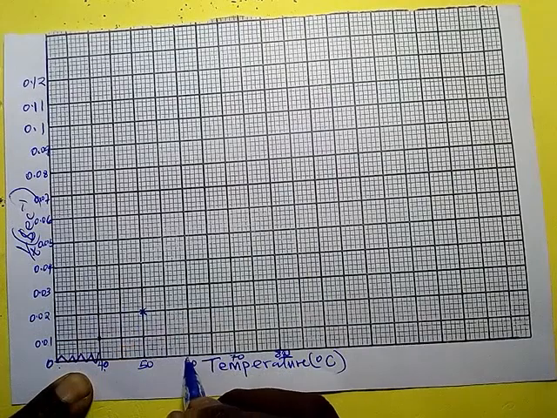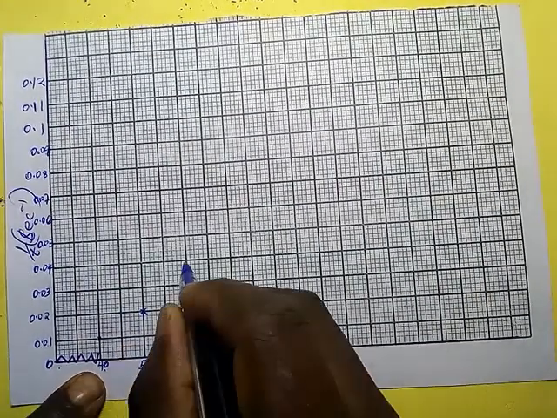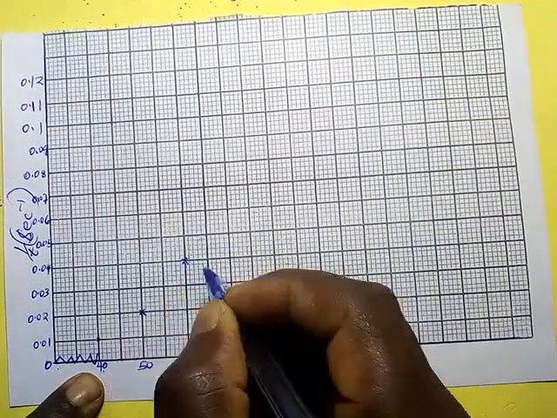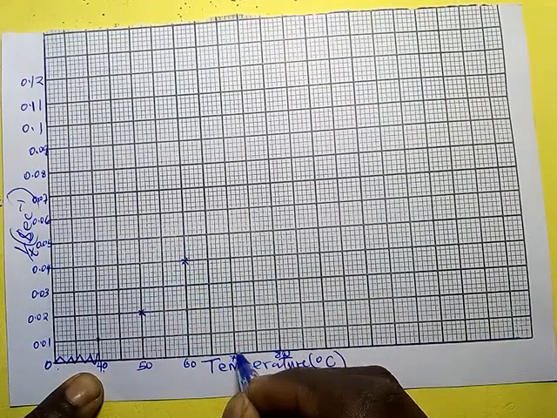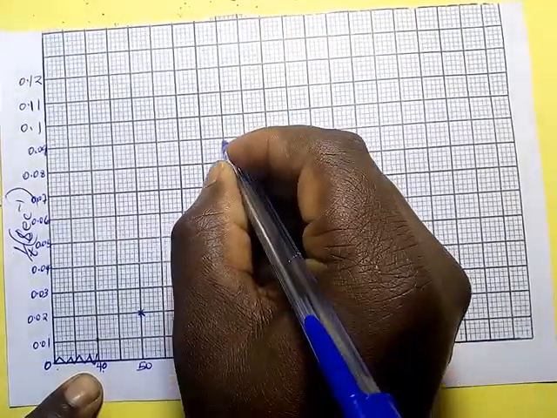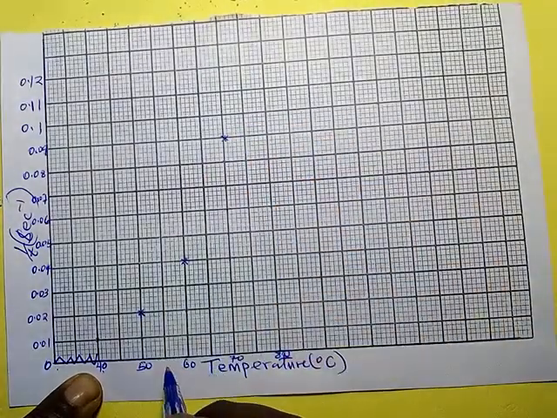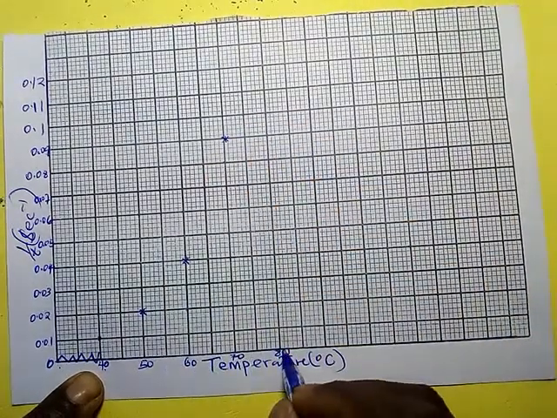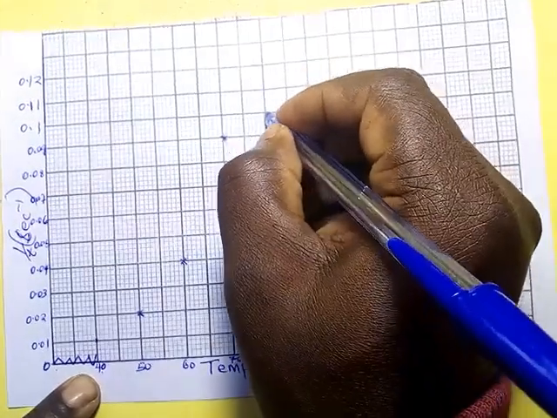When temperature is 60, the value is 0.04, 0.04 there. When temperature is 70, the value is 0.09, 0.09 is here. And then when temperature is 80, we have 0.1.